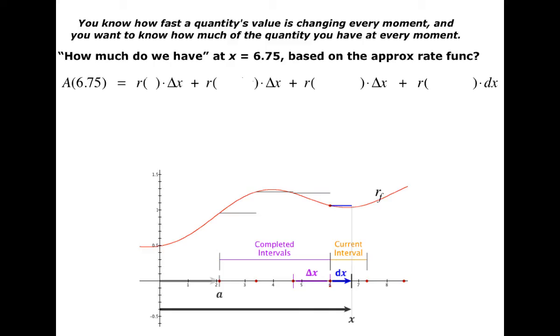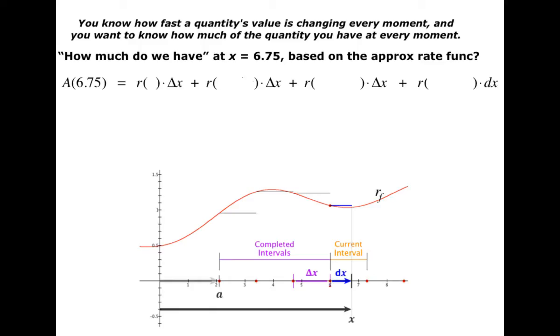Okay, so if we wanted to know how much we had at x equals 6.75, this would be the general idea of that, right? How many completed intervals do we have? The intervals are marked off by the red dots, or the partition is the red dots.